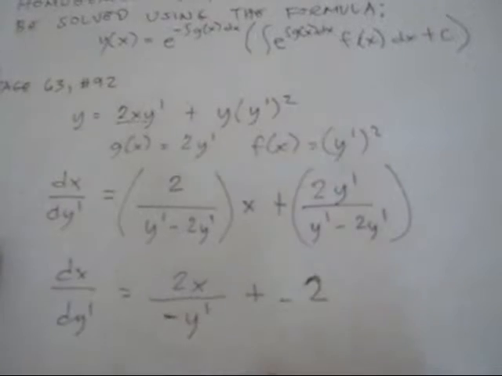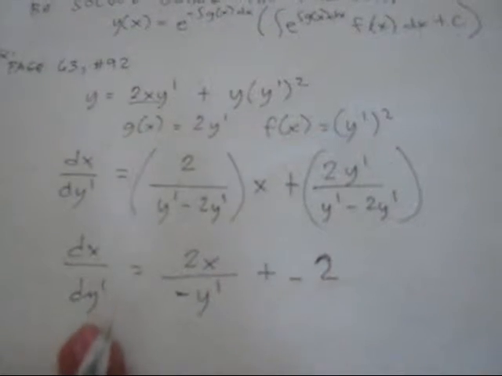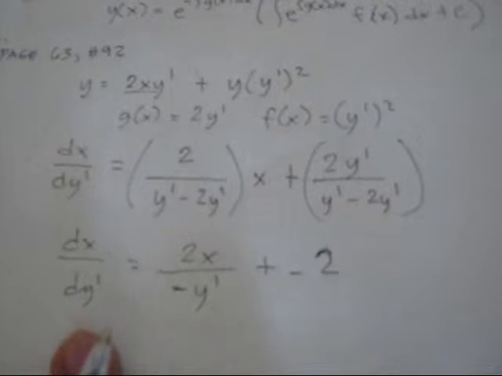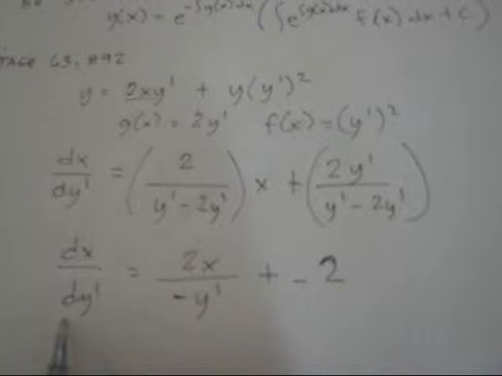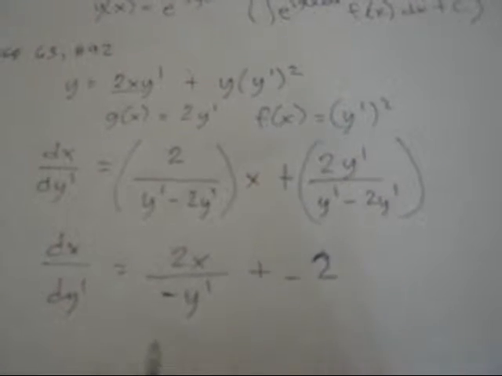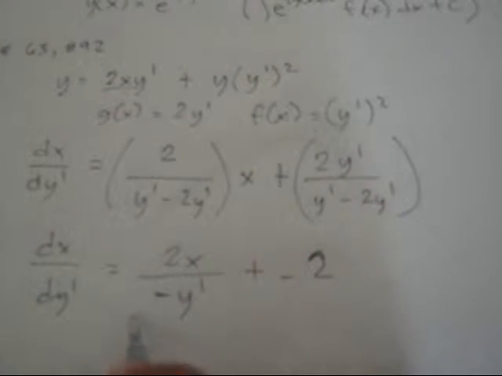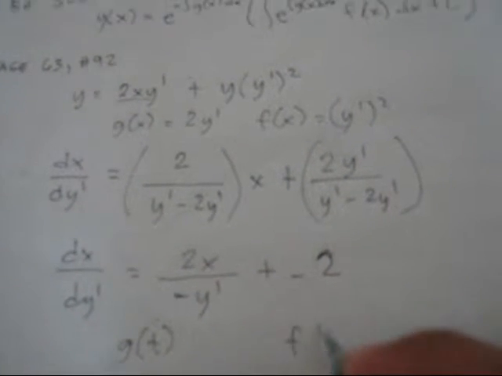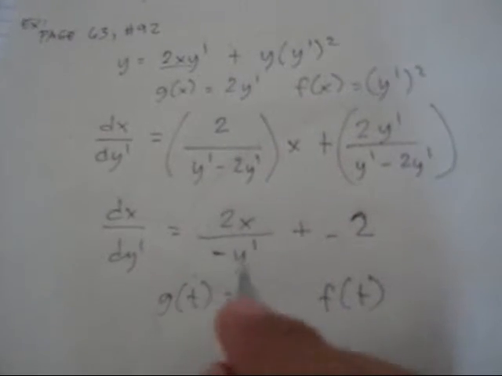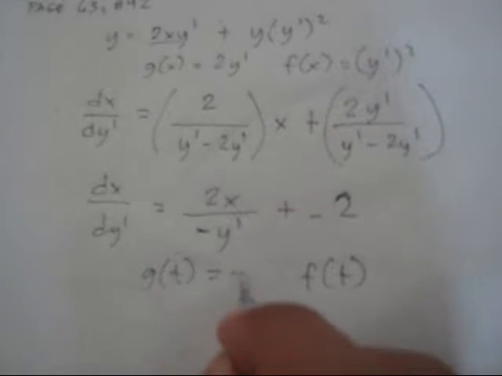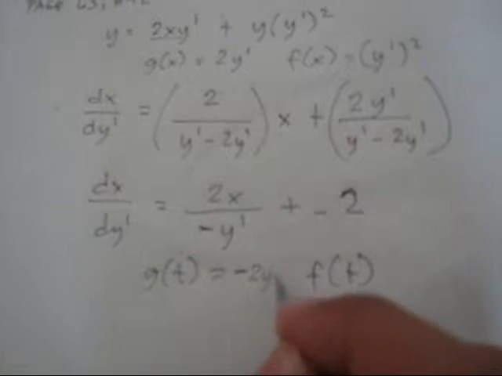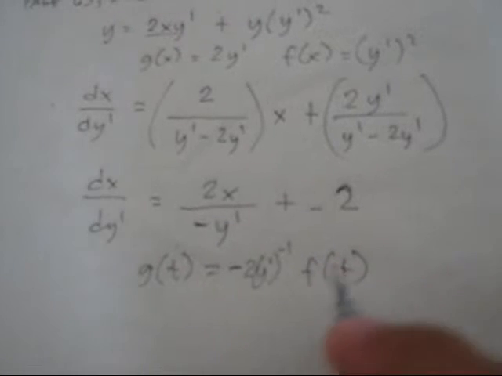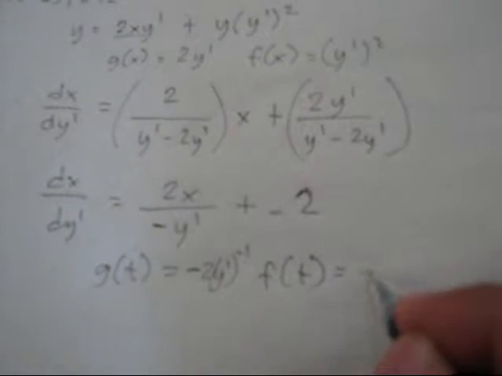So here we already have the dx over dy prime, so we will have this as our new g of t and f of t. So our g of t will be negative 2 times y prime raised to the negative 1, and your f of t will be negative 2.